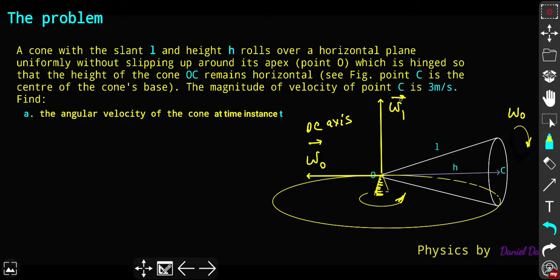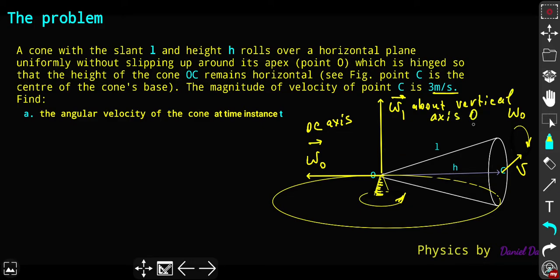Oh yeah, we know actually. This linear velocity is what we are given. This is velocity v that we are given, and that's rotation about the vertical axis that goes through O.